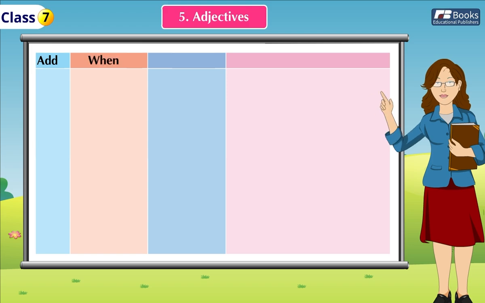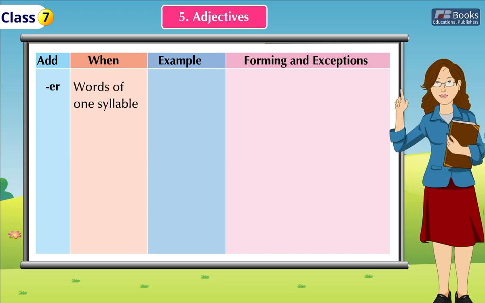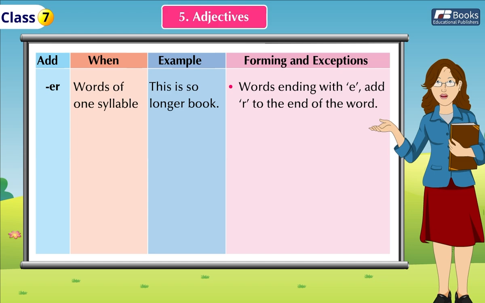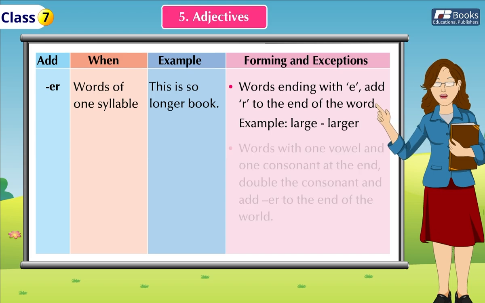Add when, example, forming and exceptions. Add er when words are of 1 syllable. Example, this is so long a book. Forming and exceptions: words ending with e, add r to the end of the word. Example, large, larger.